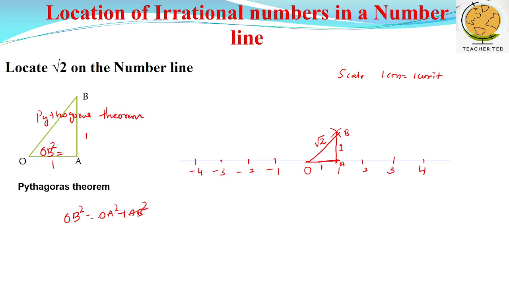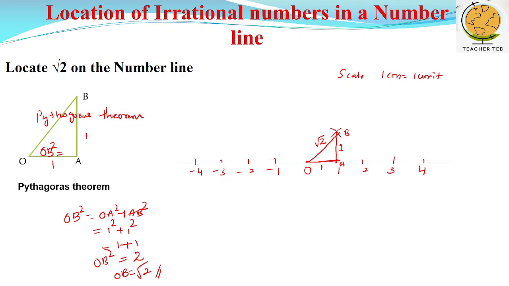OA is 1 unit, so I'll write 1 square, plus AB is 1 unit, so 1 square. 1 square is 1 and 1 square is 1. 1 plus 1 is 2. OB square is 2, and the distance OB is root 2 units. So hence we can write root 2 here.